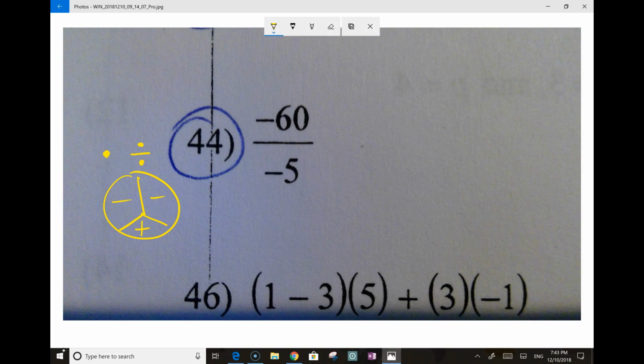So that's something important to note. When I'm dividing, or when I'm multiplying, and I have 2 values, I want to cover the signs of each value on the face itself. So I have 2 negatives, therefore I cover both of the eyes, and I get a positive value. And it turns out 60 divided by 5 is 12. So my answer is positive 12.